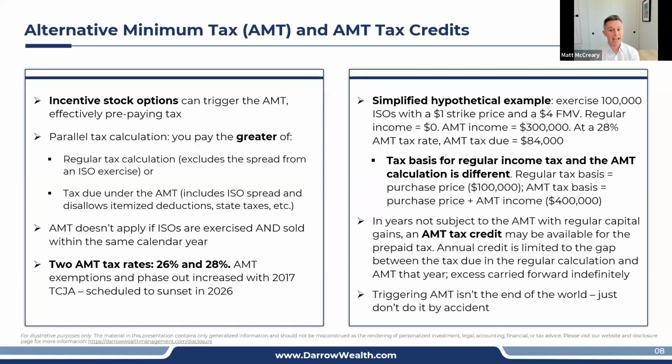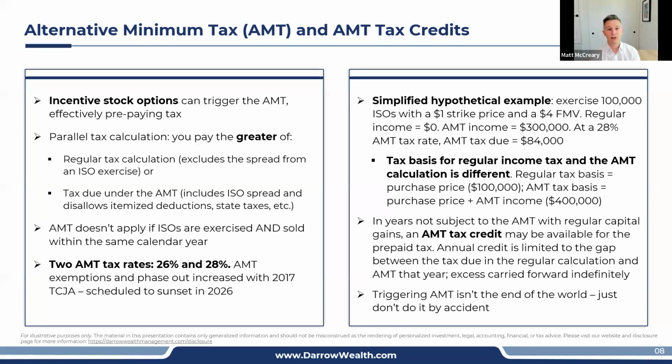Now we'll get into the tax basis because they are different between the regular income tax calculation and AMT. For regular tax basis, it is simply going to be the purchase price, so that $100,000, the strike price times 100,000 shares. For AMT purposes, your tax basis is going to be the purchase price plus AMT income. Essentially, the fair market value on the date of exercise, and that will be $400,000.